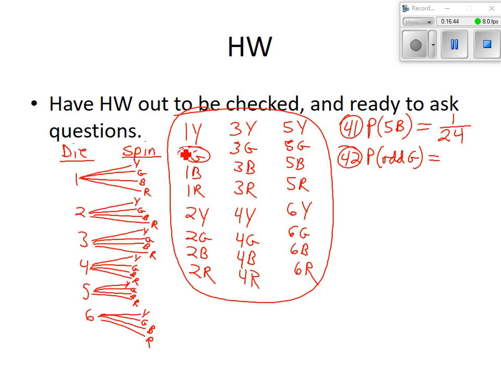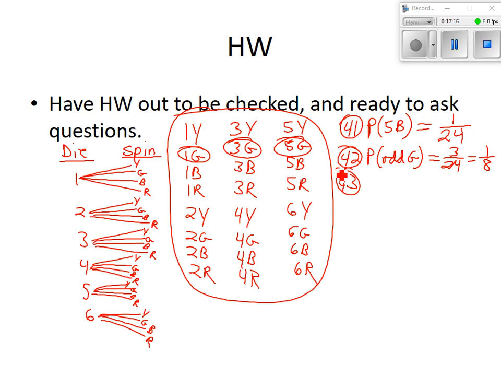No. Yes. Yes. No. So how many? 3. Out of 24. And that'll reduce to 1 out of 8. And again, you could change that to a decimal if you wanted. The book probably changed it to a decimal if one of these answers was in the back of the book and you looked it up.